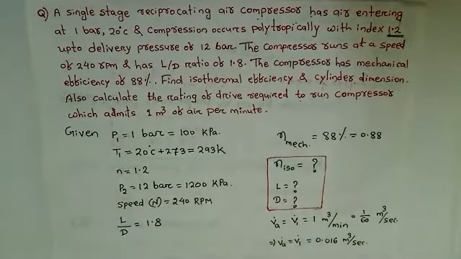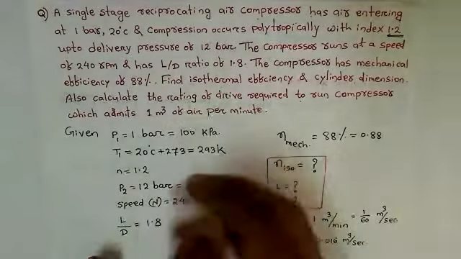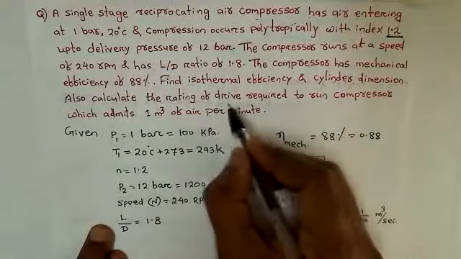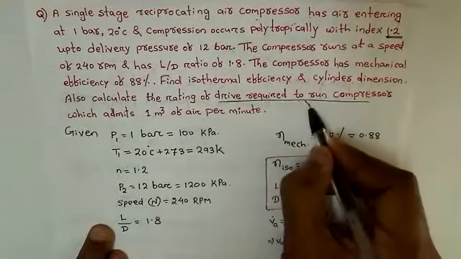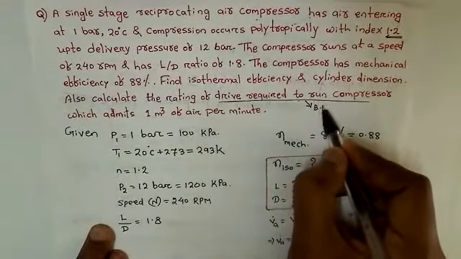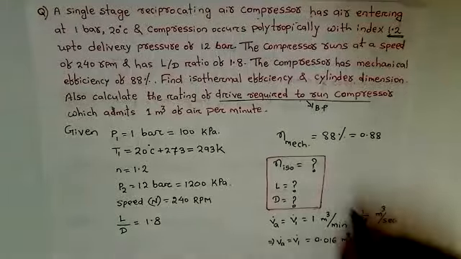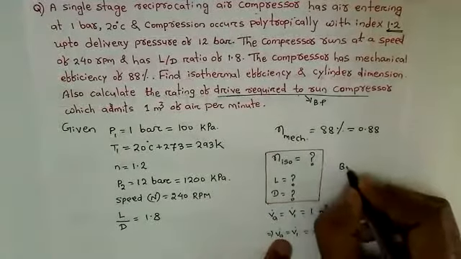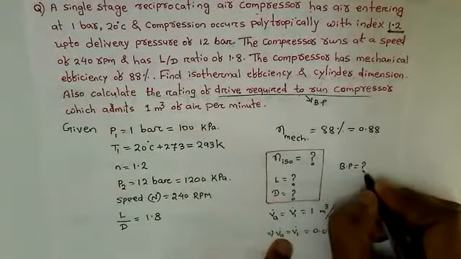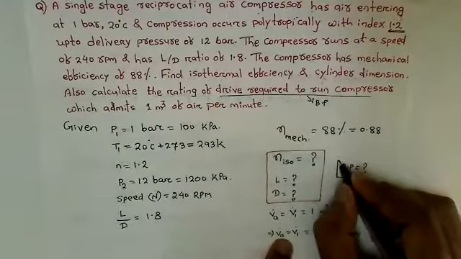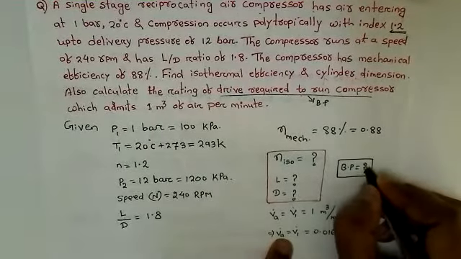So the drive is nothing but the prime mover, and this drive will rotate the crankshaft, and from the crankshaft we get brake power. So in this line he is asking to calculate brake power. Along with all these things we have to calculate the brake power of the engine. In this manner you have to understand the question.